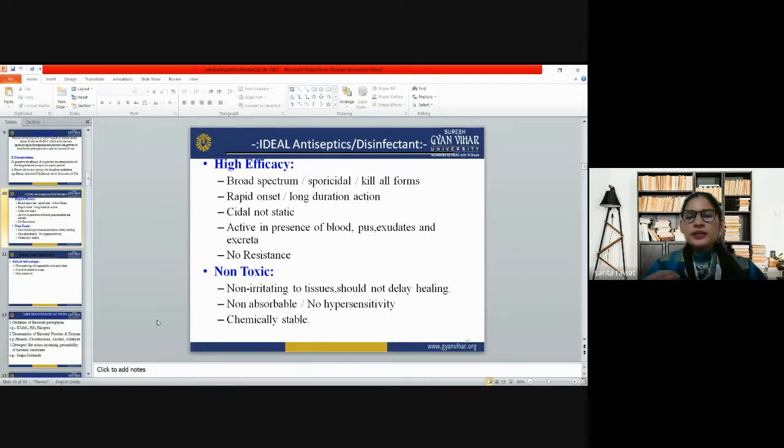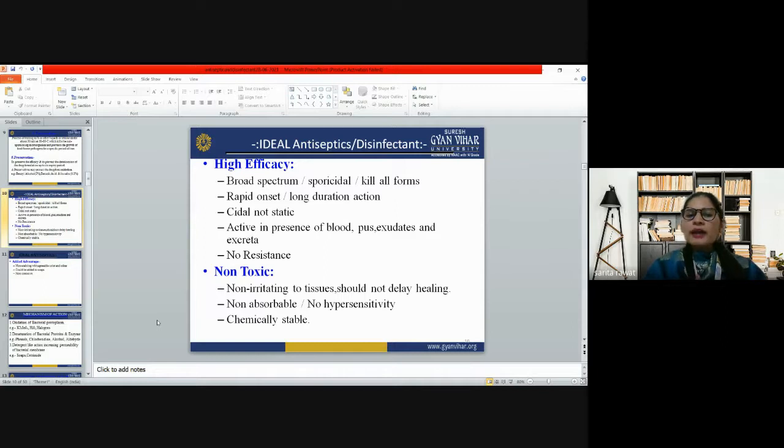Then they have to have a rapid onset and a long duration of action. Then they have a cidal action, not static action, because cidal action kills the microorganism, but in static action only the growth of the microorganism is stopped, they do not kill the bacteria. So our antiseptic or disinfectant should be bactericidal.